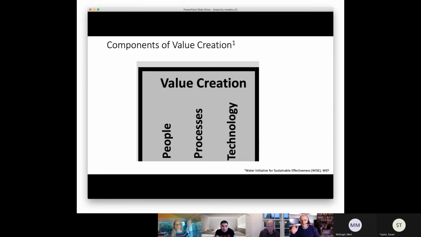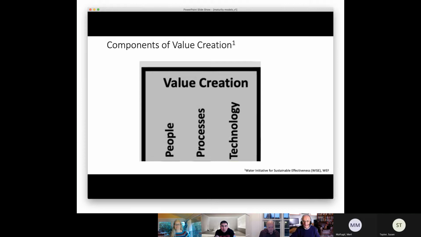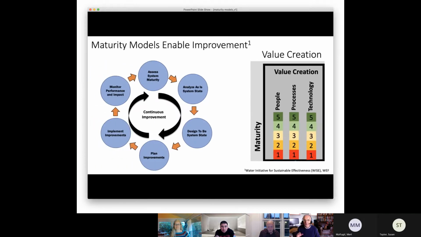What we've been looking at is this idea of value creation, which covers the people, the processes, and technology. We also couple this with the improvement method.